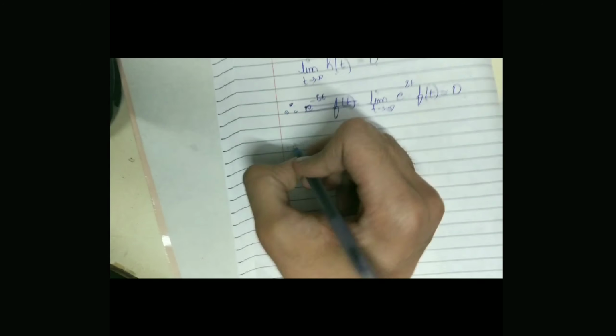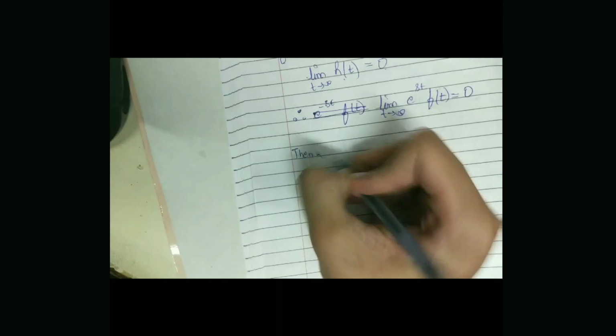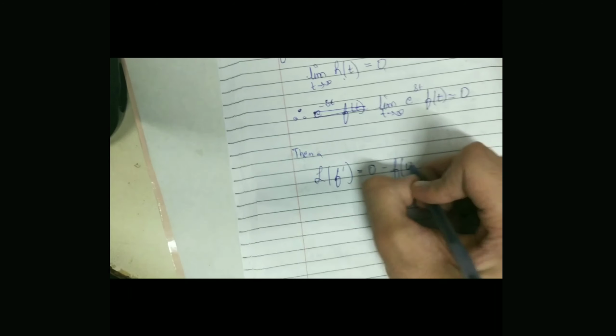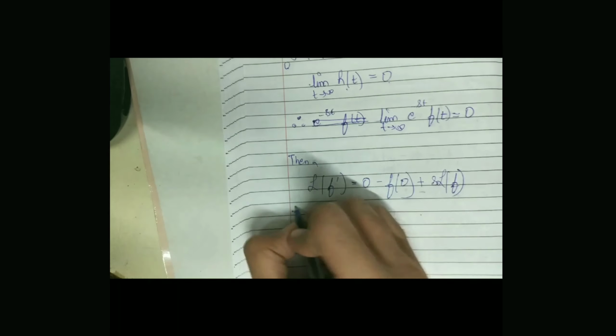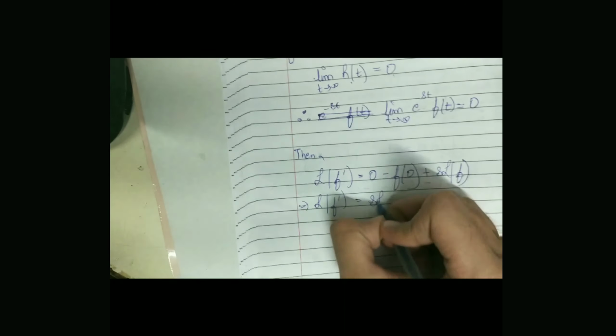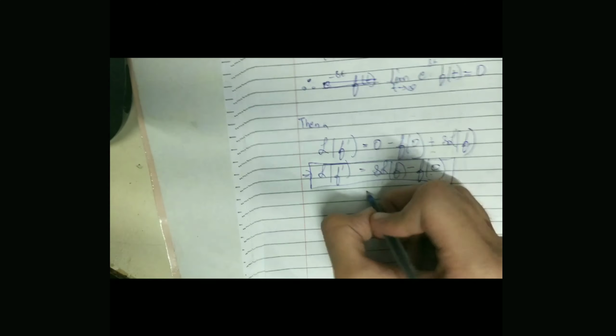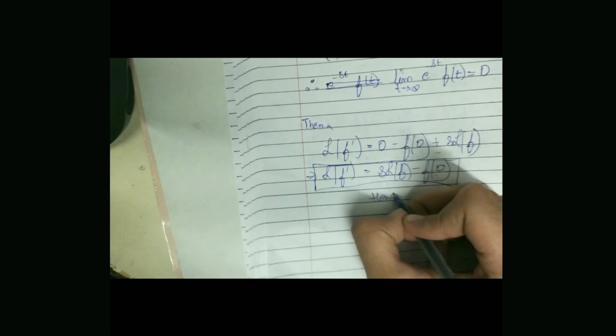This yields that the Laplacian of f derivative is 0 minus the value of the function f at 0 plus s times the Laplacian of f. So the Laplacian of f derivative is nothing but the product of s into the Laplacian of f minus f of 0. This is what we needed to prove, and hence proved.